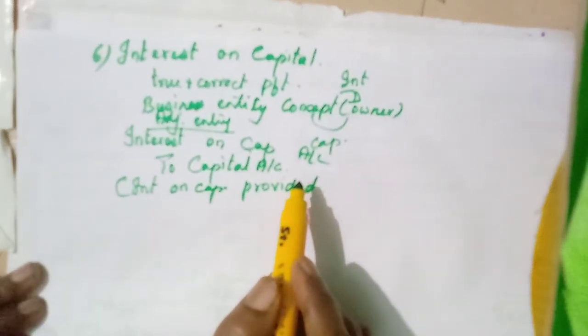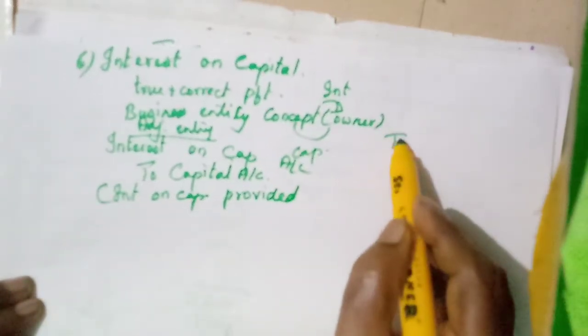Interest on capital account debtor to capital account. Because interest on capital is an expense and this amount will be added along with the capital. That is, we are again crediting the capital. So we can write interest on capital provided. Then one more entry will be there. That one is the transfer entry.